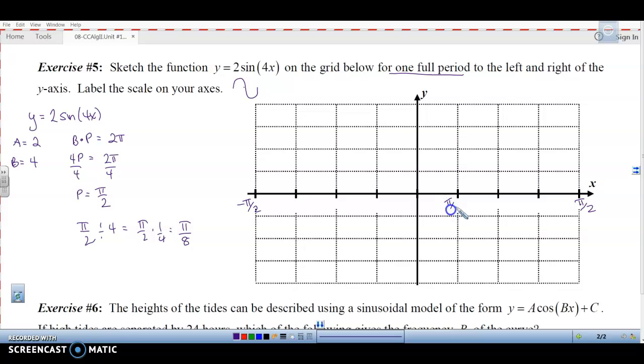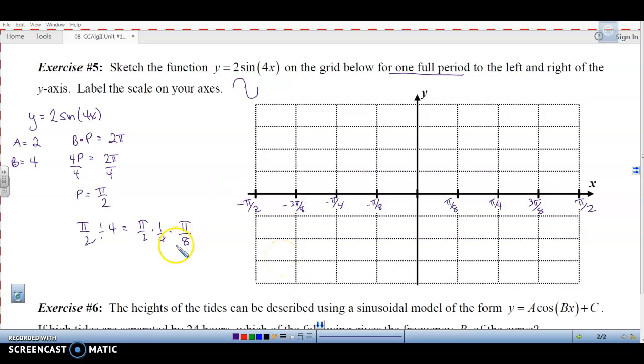So this is pi over 8. This would be 2 pi over 8, which would be pi over 4. And then this would be 3 pi over 8. And then it would be 4 pi over 8, which would be pi over 2. And in reverse, this would be negative pi over 8, negative pi over 4, and negative 3 pi over 8.